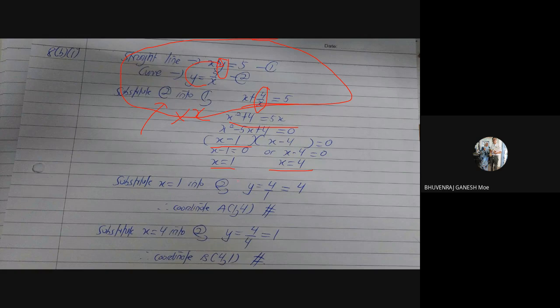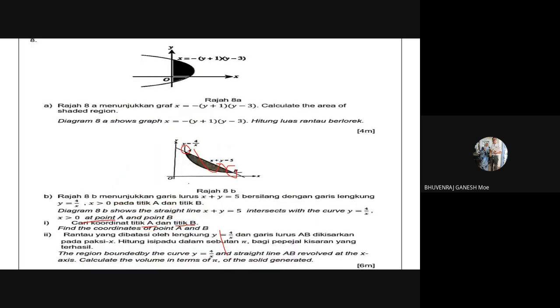Boleh faham sekarang? Okay, bagus. Yang ni apa? System of equation. Kamu belajar tingkatan 4 bab 3 kamu. Cara menyelesaikan persamaan serentak. Itu konsep dia.